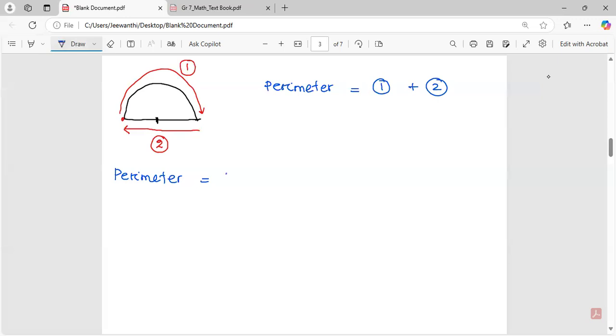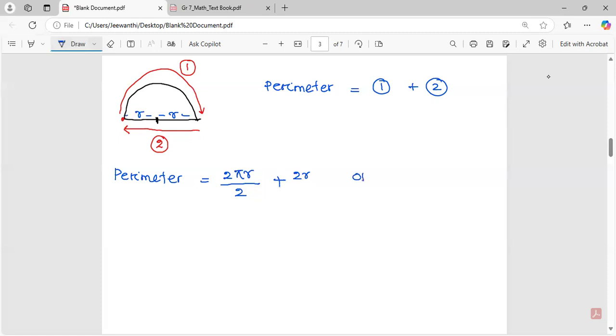The full one is 2πr, and I divide this by 2 because it is a semicircle. And for that, I add the 2r value, because this is r and this is r.